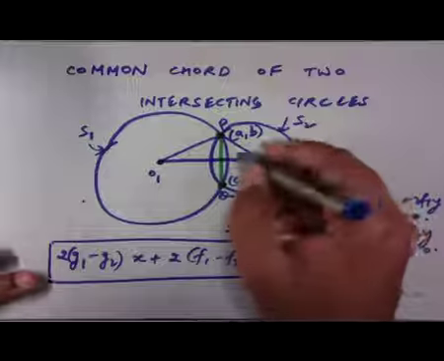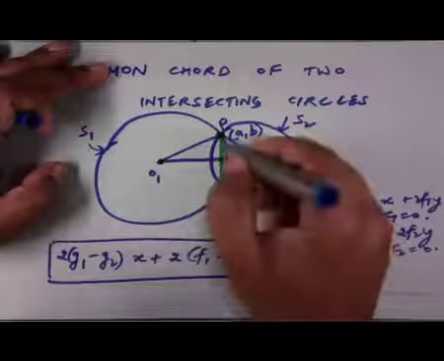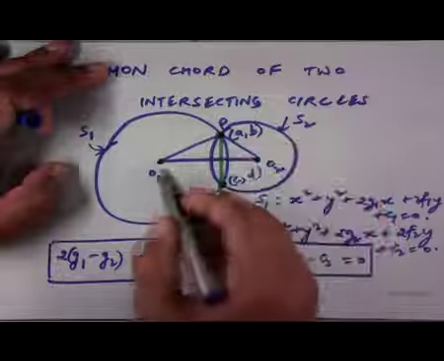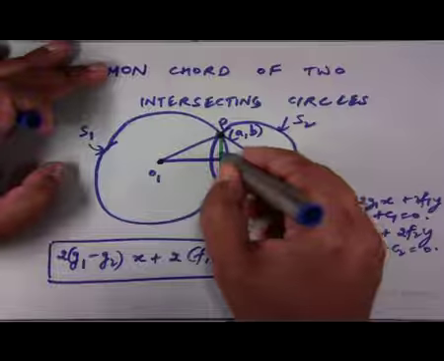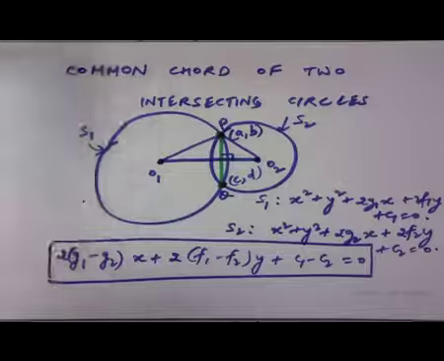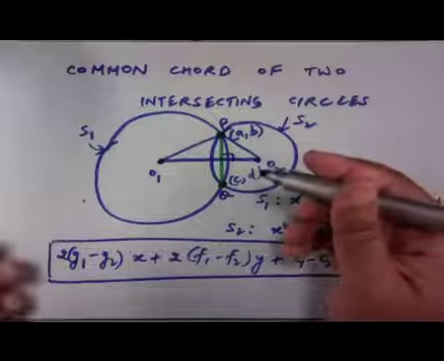Now, it is not very difficult to show that this common chord and this straight line joining the centers will be perpendicular to each other.